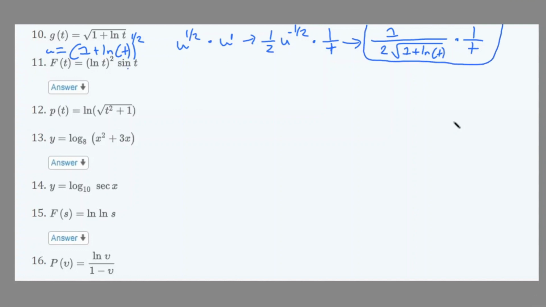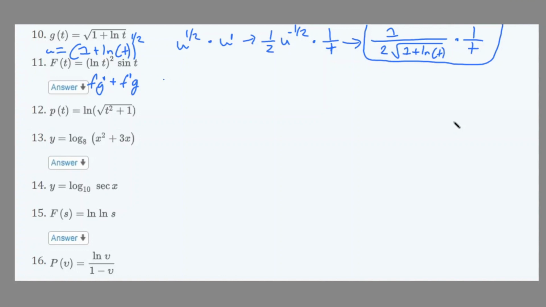So now number 11 is the function f of t is ln t squared times sine t. For this, we're going to have to use the product rule, which is f g prime added to f prime g. For ln t squared, we're going to have to use the chain rule. And for the derivative of sine of t, we get cosine of t.